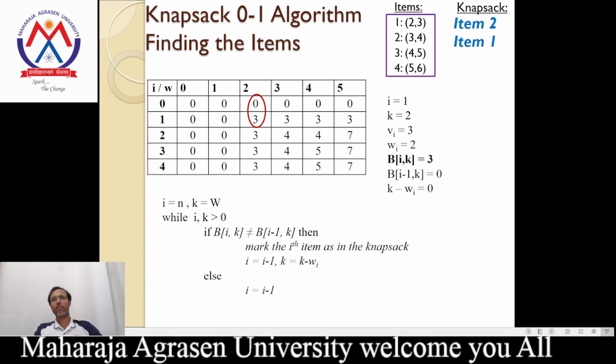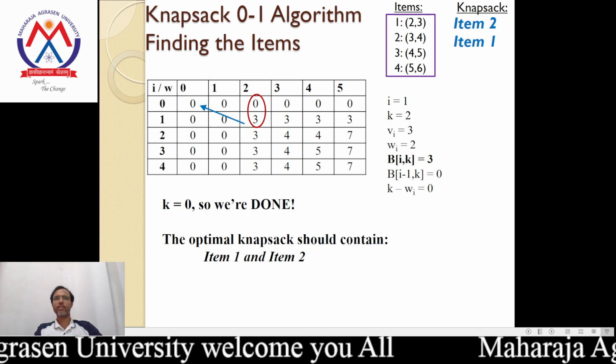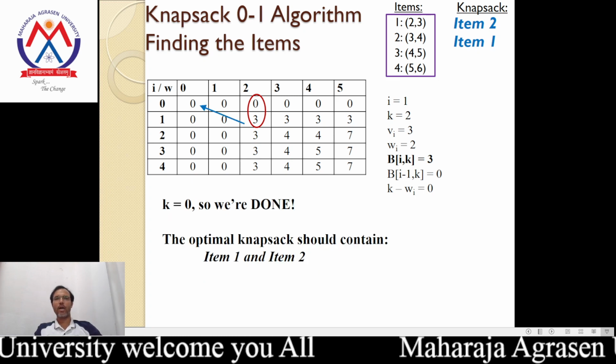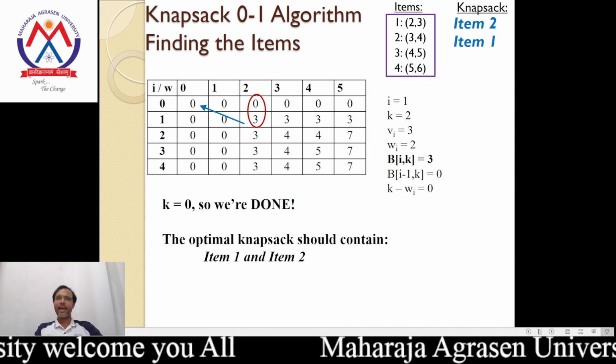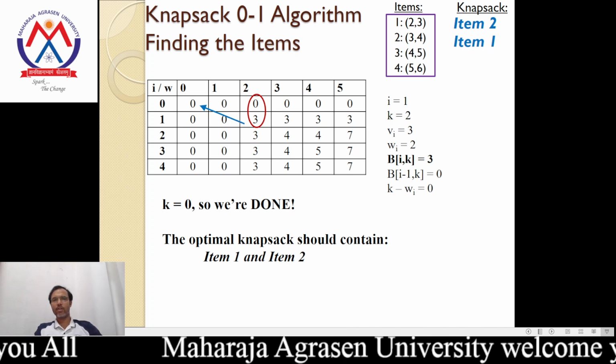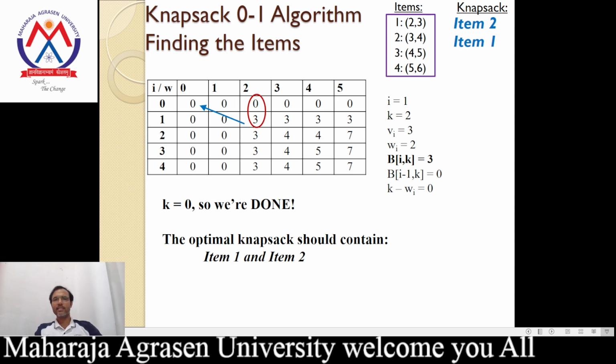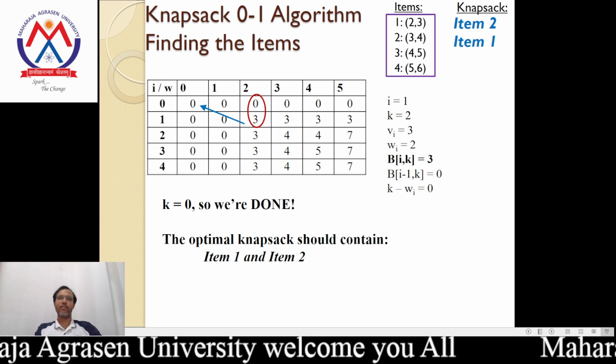Finally the value is 0, so there are no more rows to select. We are done. The optimal knapsack contains item number 1 as well as item number 2, and the maximum profit value in this case is 7.